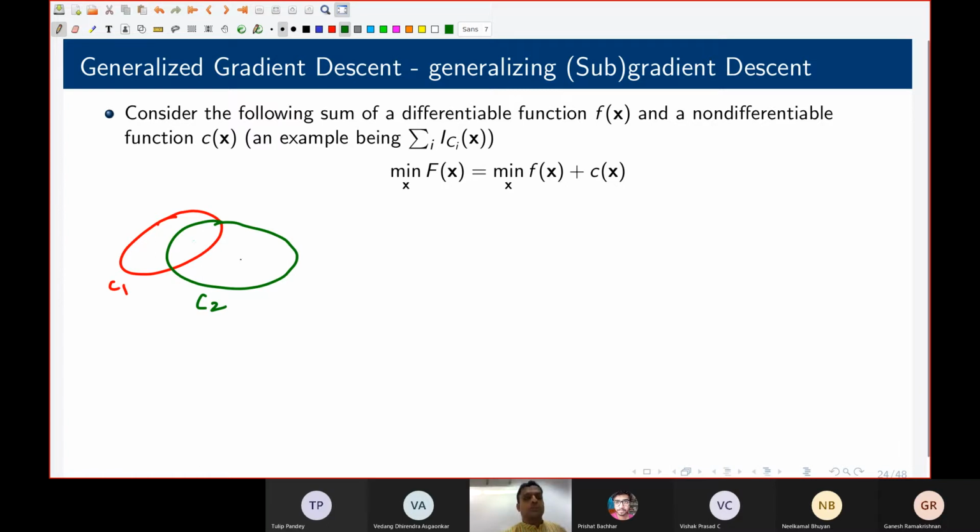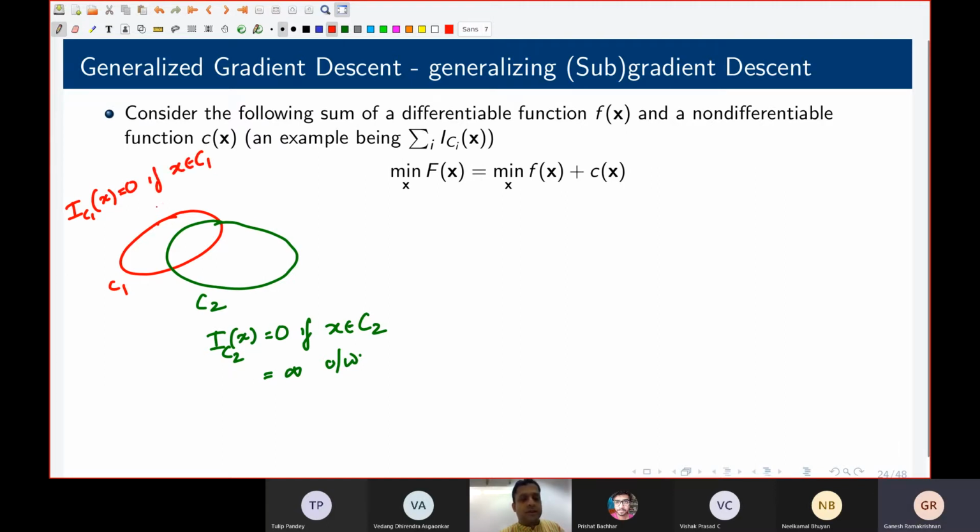I_C2(x) is 0 if x is in C2 and equal to, say, infinity otherwise. Likewise, I_C1(x) is 0 if x is in C1 and equal to infinity otherwise. Is that okay? So that's an example of the c.